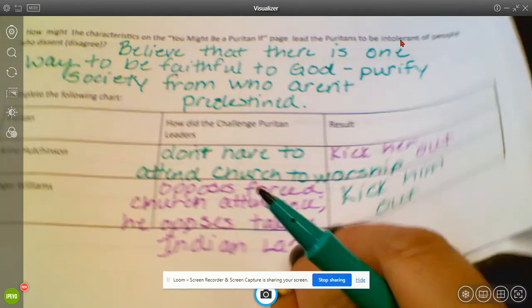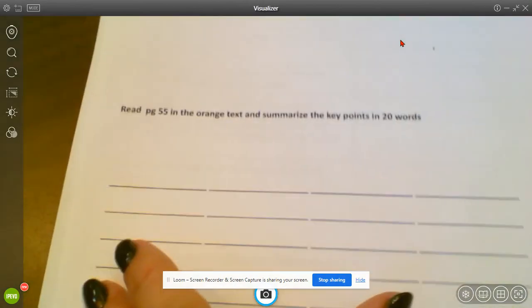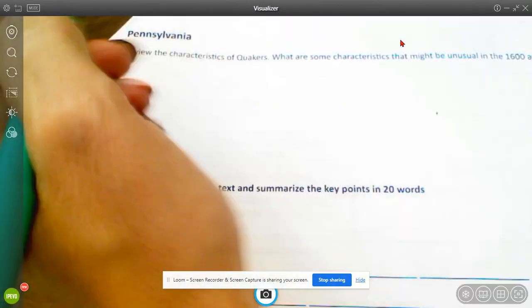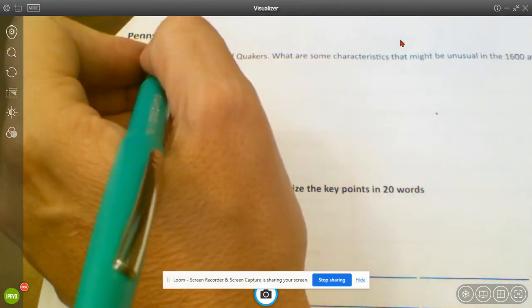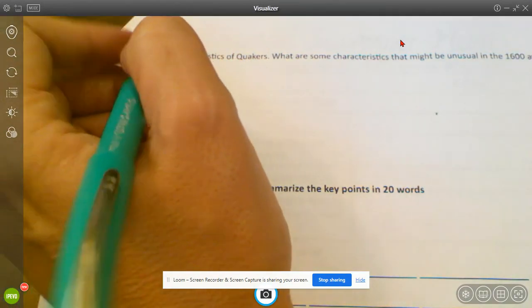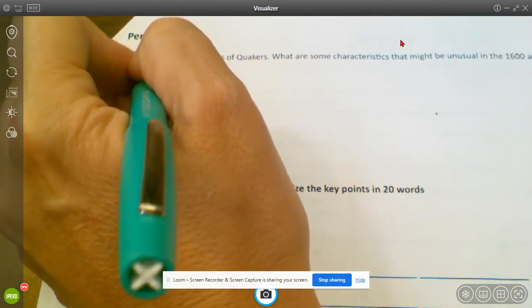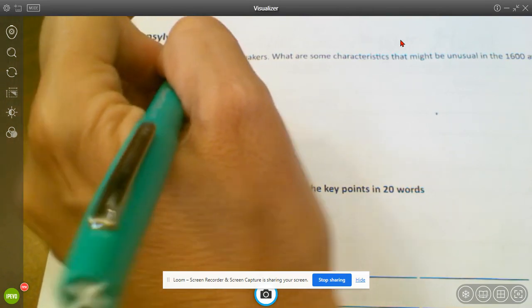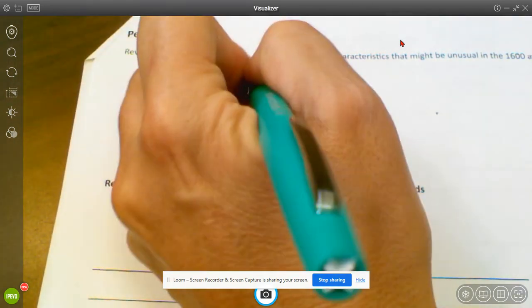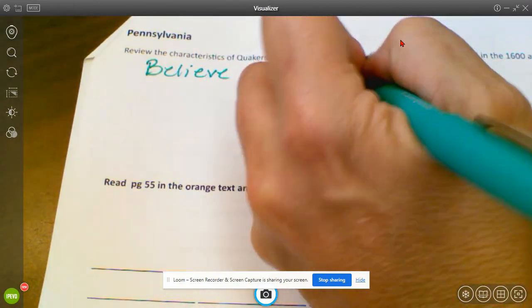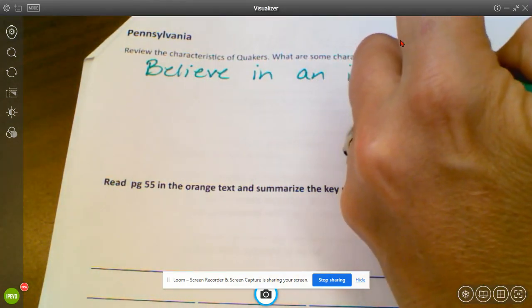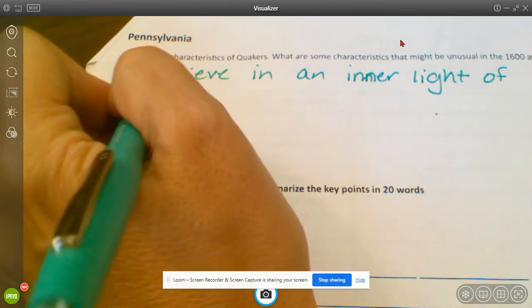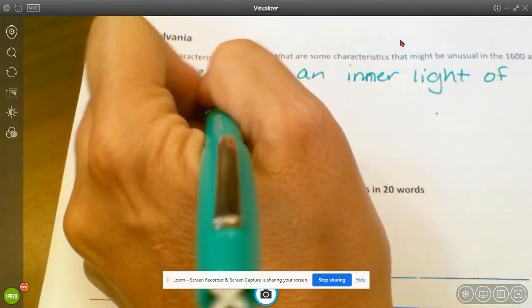Right? Now, on the opposite side of religion, right, here, we have the Quakers. And the Quakers, unlike the Puritans who believe in this idea of predestination, right, believe in an inner light of God in all people.